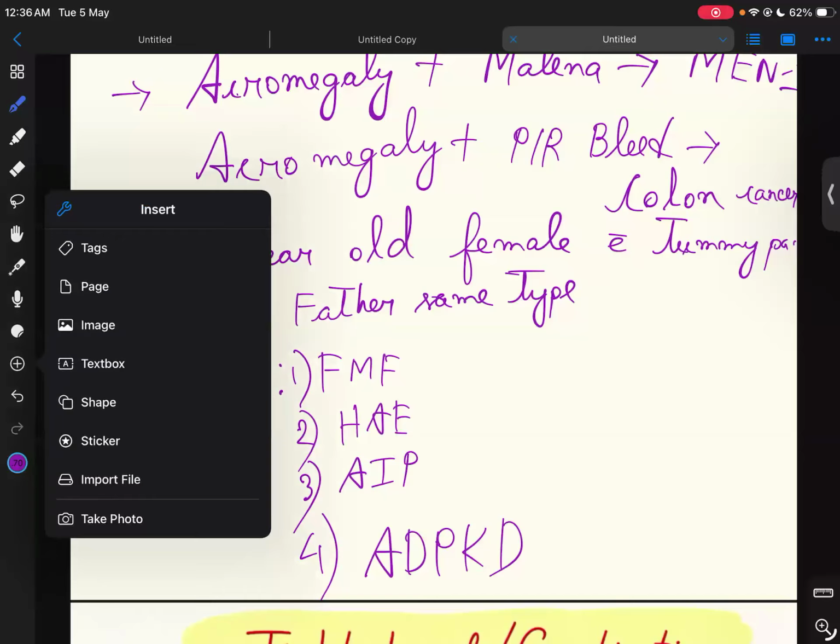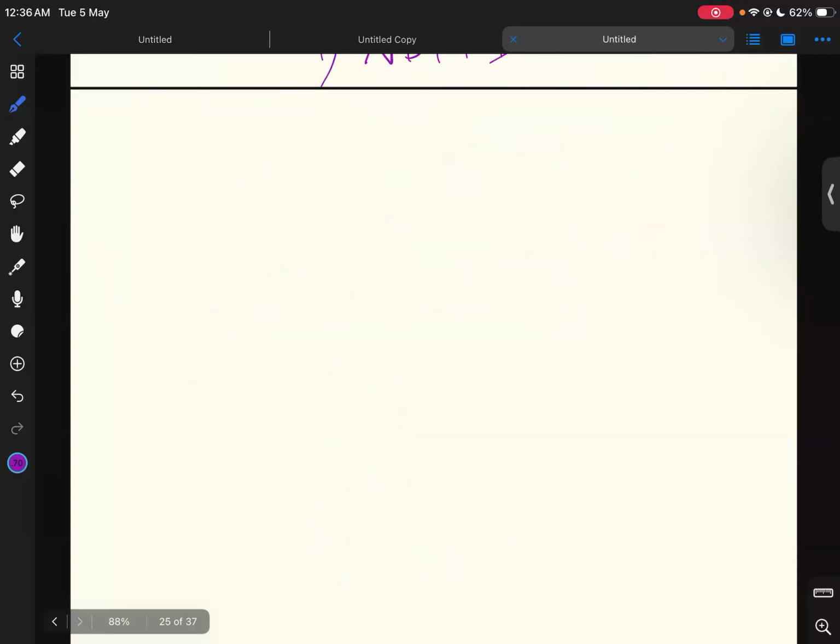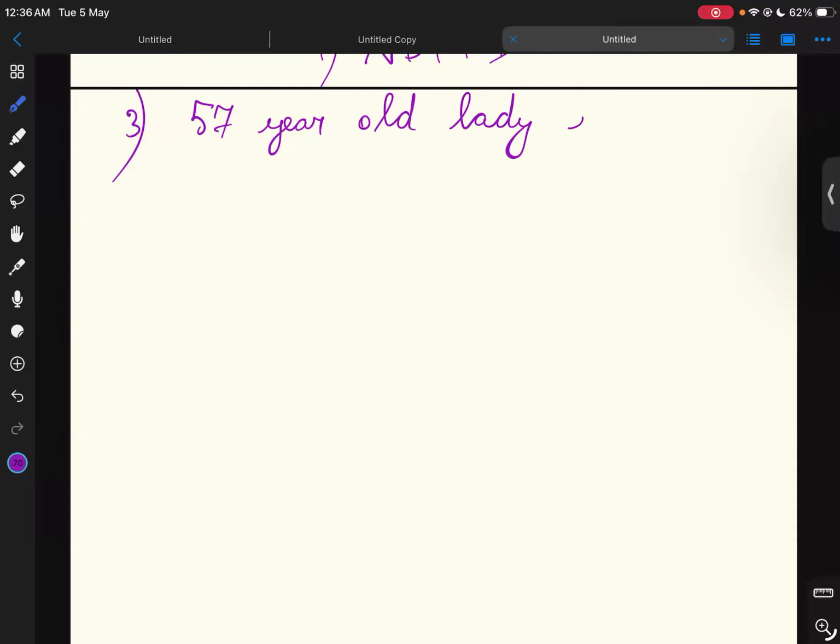Okay, let me ask a more difficult question. This is also a real PACES case. It was a 57-year-old lady who has come with tummy pain. From outside, the blood pressure was given as 160 by 100.